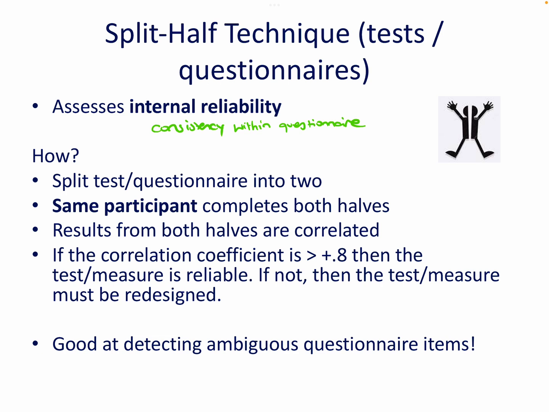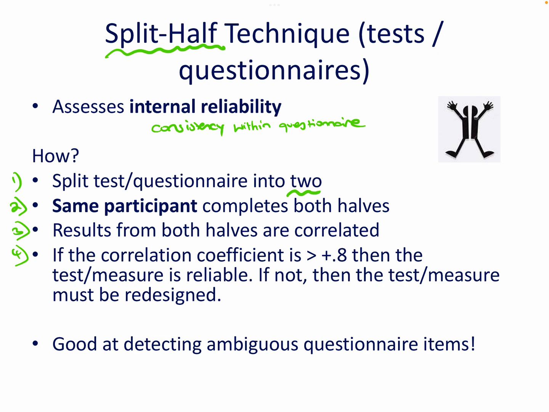So how do we do this? Well, for each of these reliability questions, they are always going to be 4 marks. So it's really important that you're able to explain each step in that reliability assessing process. The first thing is that we need to take our questionnaire and we need to split it in half, hence the split half technique.